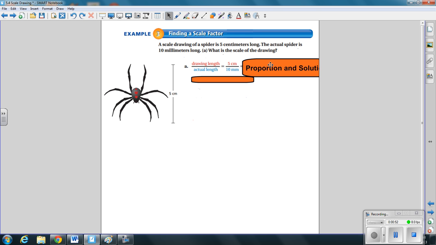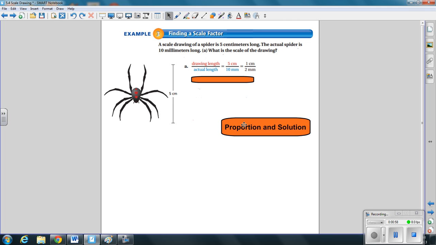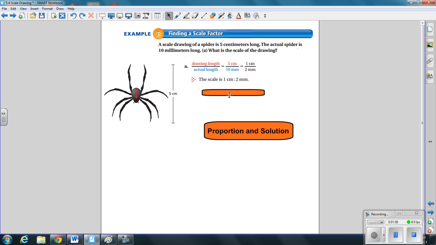And if you're asking if we should reduce, the answer is yes. We get 1 centimeter to 2 millimeters. So final answer, the scale for this picture is 1 centimeter to 2 millimeters. So what you're essentially doing is just reducing a fraction. Okay.